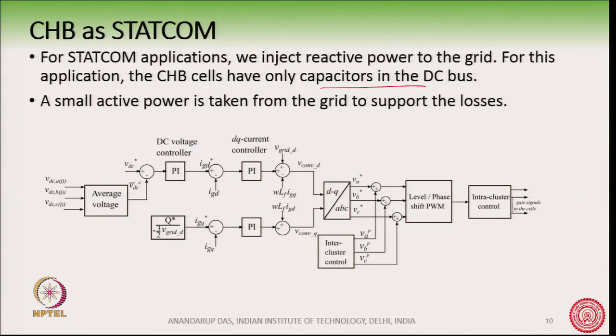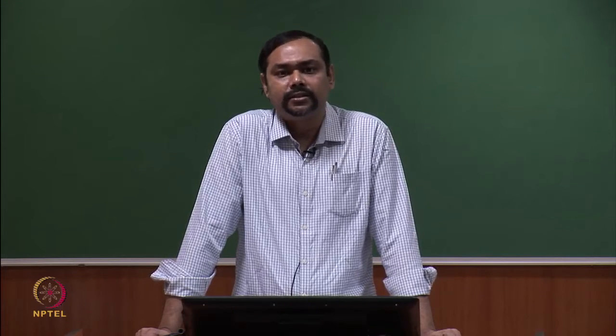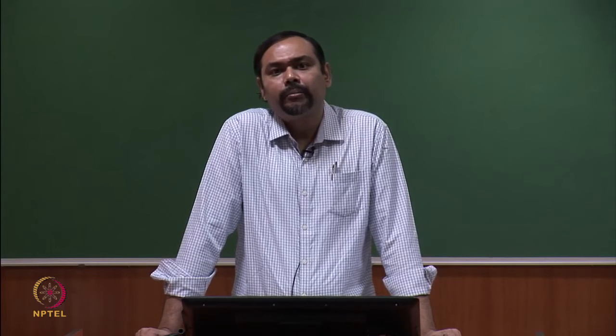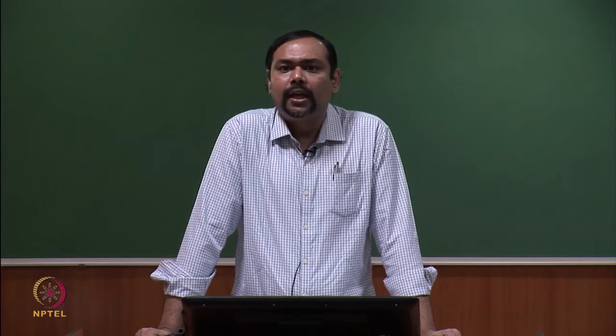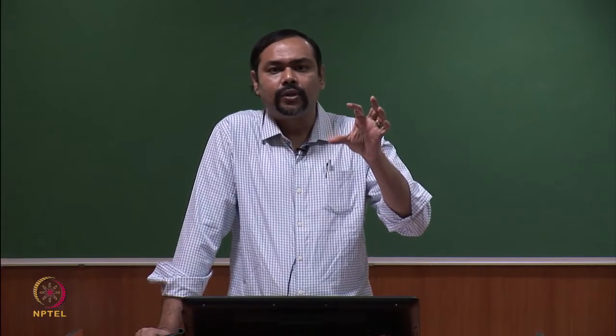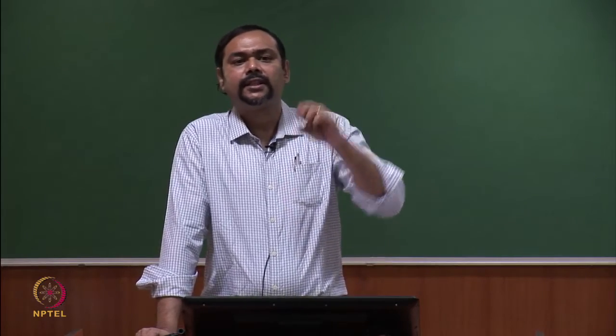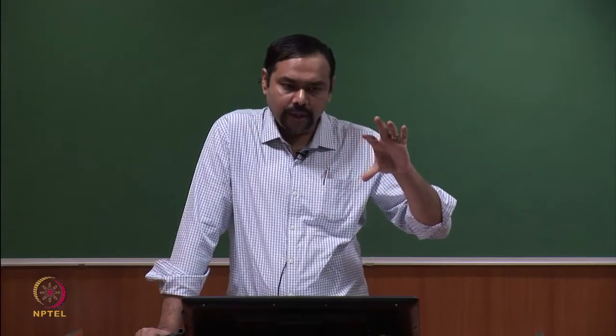Okay. So, this is for the ideal CHB STATCOM, but for a non-ideal CHB STATCOM there are losses inside the CHB because of the switching losses, and during transients you may want, suppose a capacitor voltage, because of some unforeseen reason, has suddenly dipped, and you want to get the capacitor back to the nominal voltage.